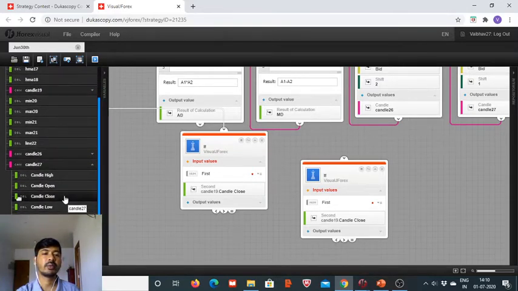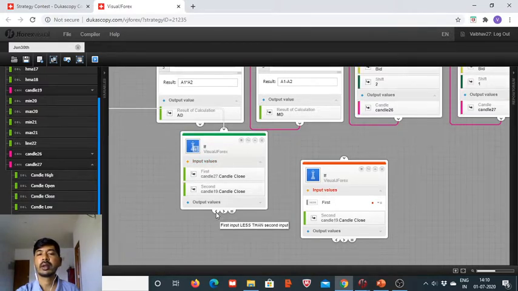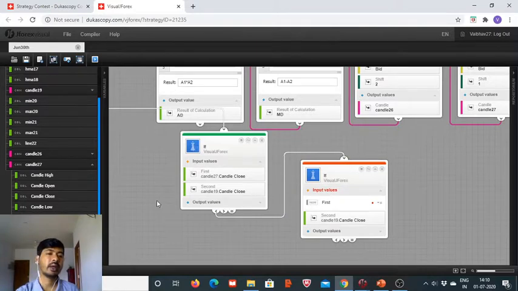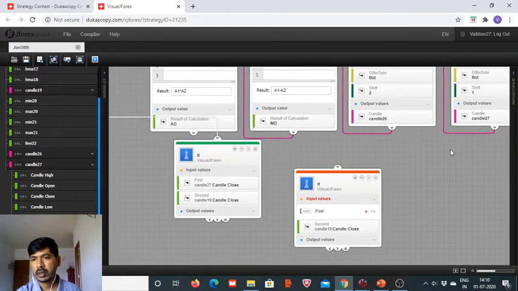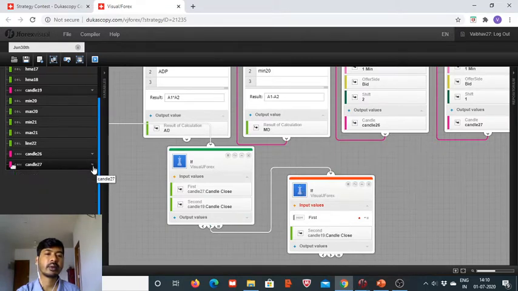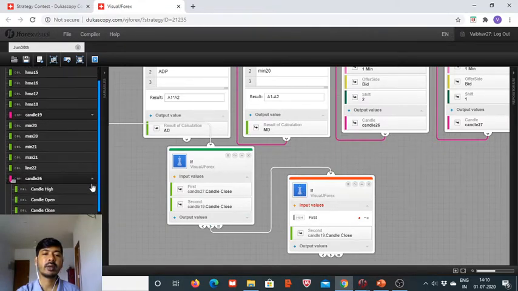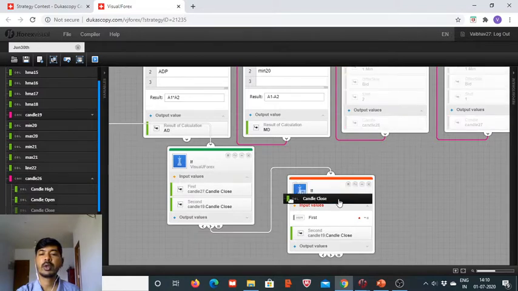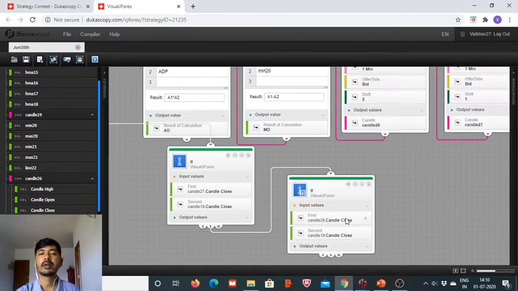Candle 26 should be less than candle 19, whereas candle 27, oh, I think I have made a mistake here. We want candle 27 to close higher, so it should be first input greater than second input, and candle 26 should be having a close below the candle 19's closing level. So that's how it should be.